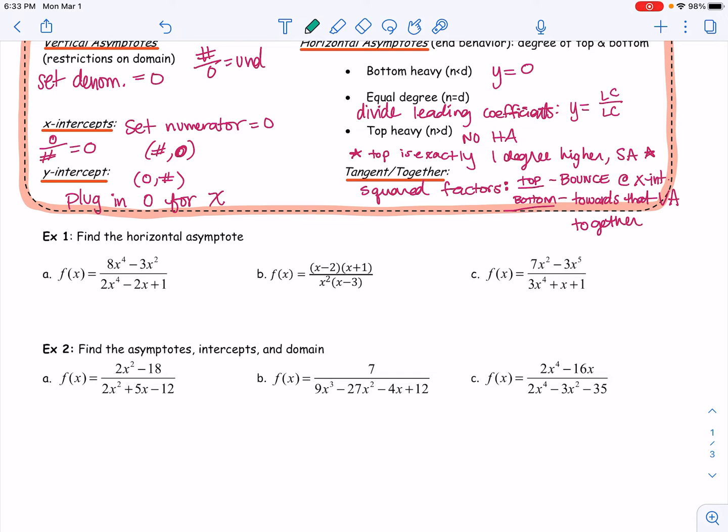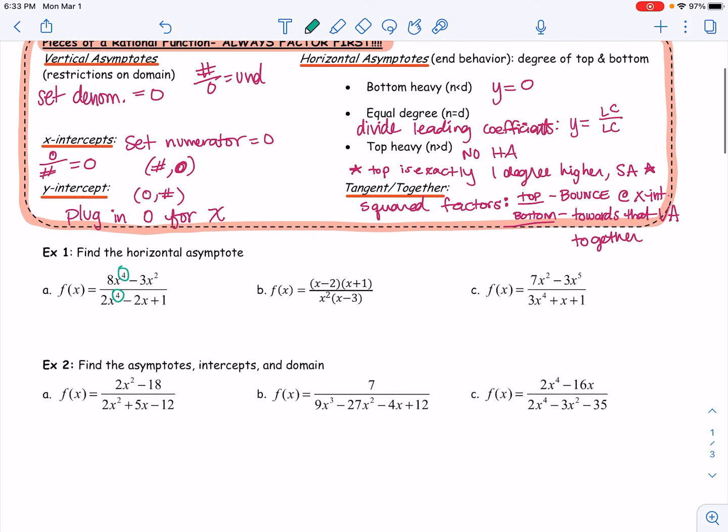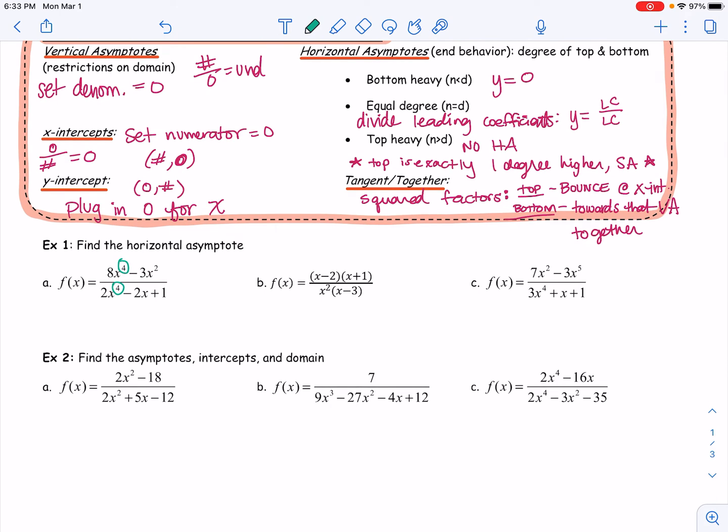Okay, and you're going to have to do it precisely and quickly. So if I'm comparing the degree of the top and the bottom, because A is in standard form, the degree of the top is 4, and the degree of the bottom is also 4. Because they're equal degree, I'm going to divide my leading coefficients. So this means I have y equals 8 divided by 2, which gives me a horizontal asymptote of y equals 4.